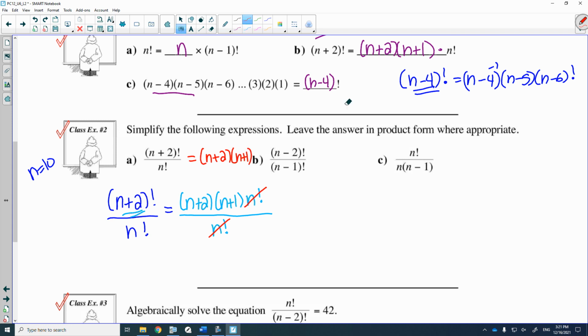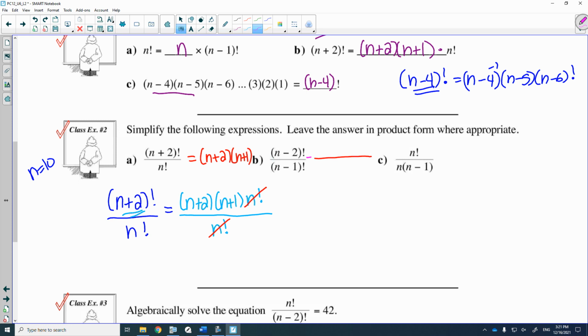Let's look at B. Which of these two is larger if I put a 10 in for n? So I'd have 8 and I would have 9. This denominator is larger. This is the one you unzip. You stop when you could cancel. So what do I want to cancel it with? An n minus 2 factorial. Okay, so how do you unzip n minus 1 factorial?